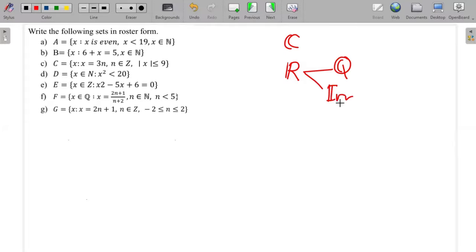And then these rational numbers here will be divided into the integers.